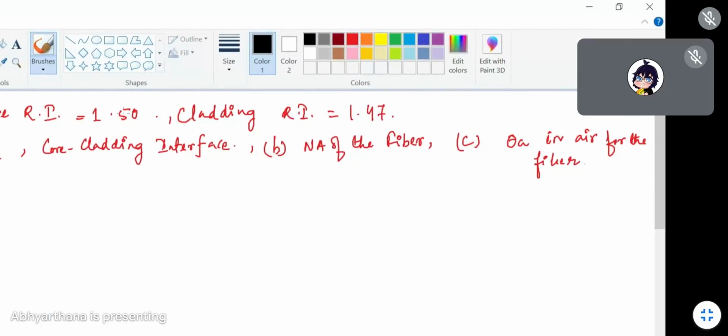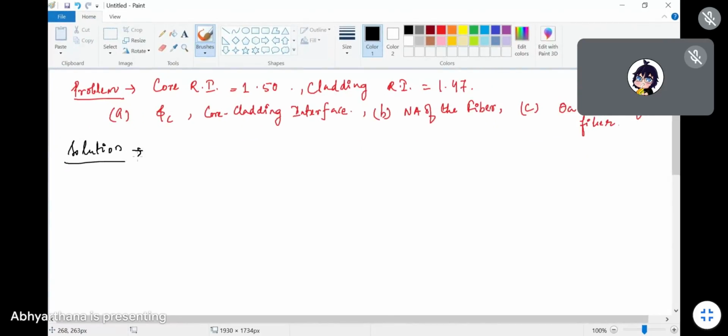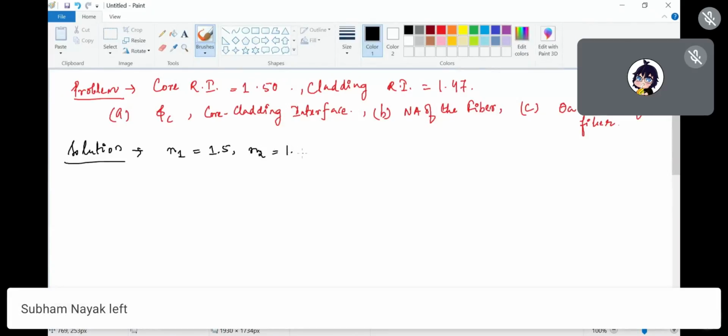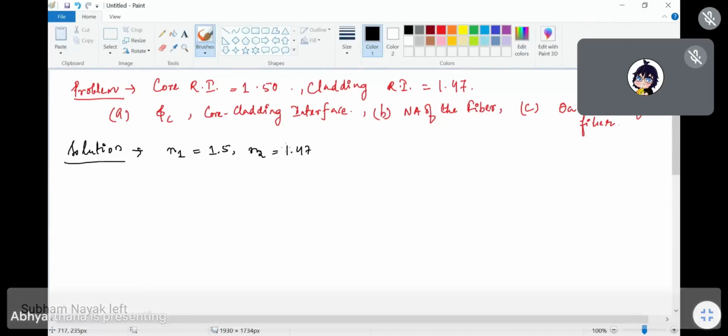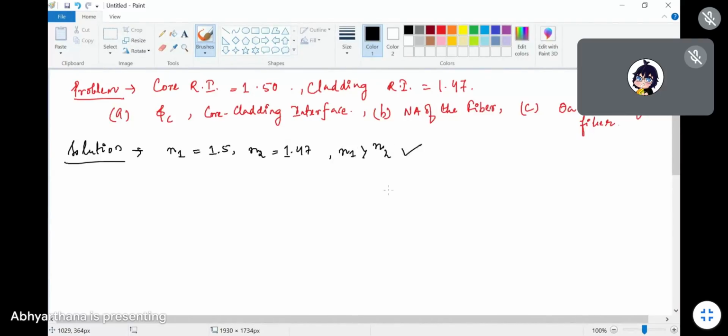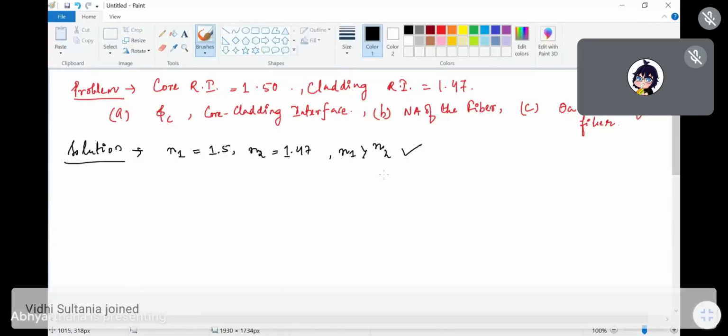Your core refractive index should be greater than the cladding refractive index. Here N1 is equal to 1.5 and N2 is equal to 1.47. So N1 is greater than N2, so this condition is satisfied.